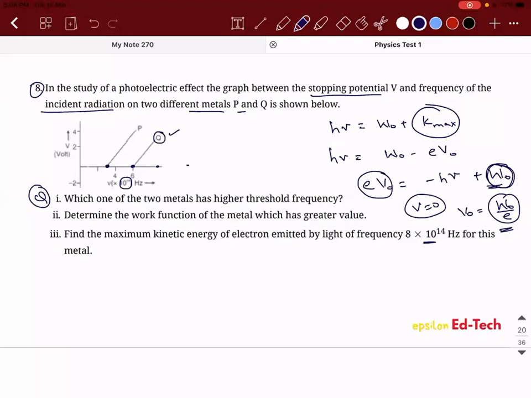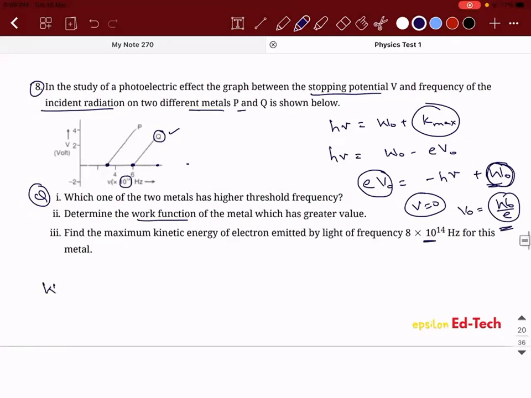Similarly, you need to find the work function of the metal which has greater value. So W naught is equal to h into nu naught. So W naught is equal to 6.626 into 10 power minus 34 joule second, into nu naught, which is 6 into 10 power 14.